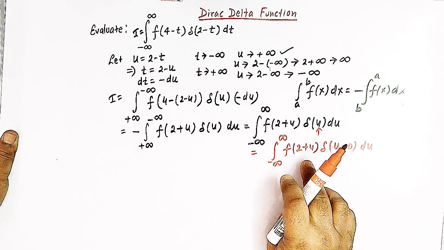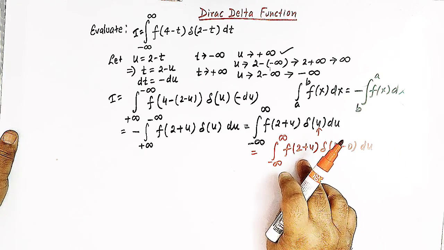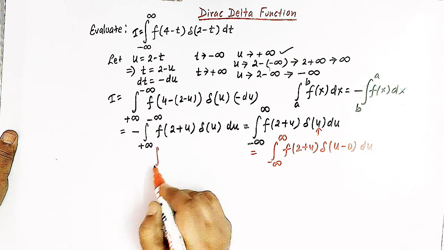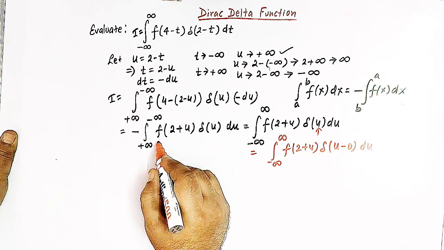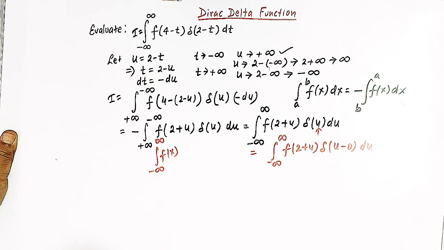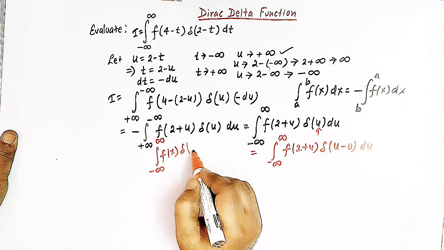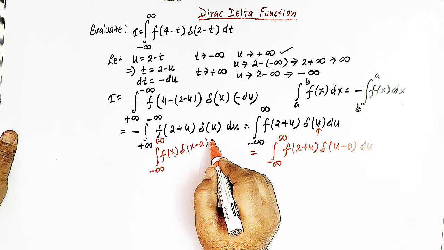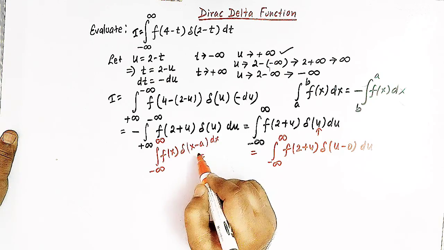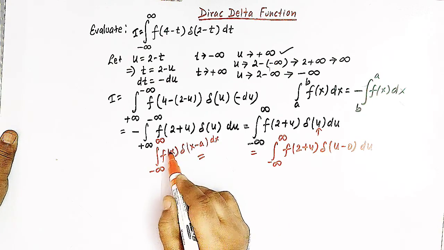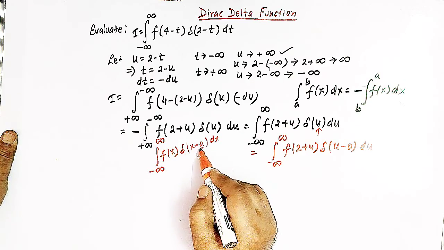To evaluate this integral, we can make use of the definition of the delta function: the integral from minus infinity to infinity of a function f of x associated with delta of x minus a dx is equal to the value of this function at that point, right?